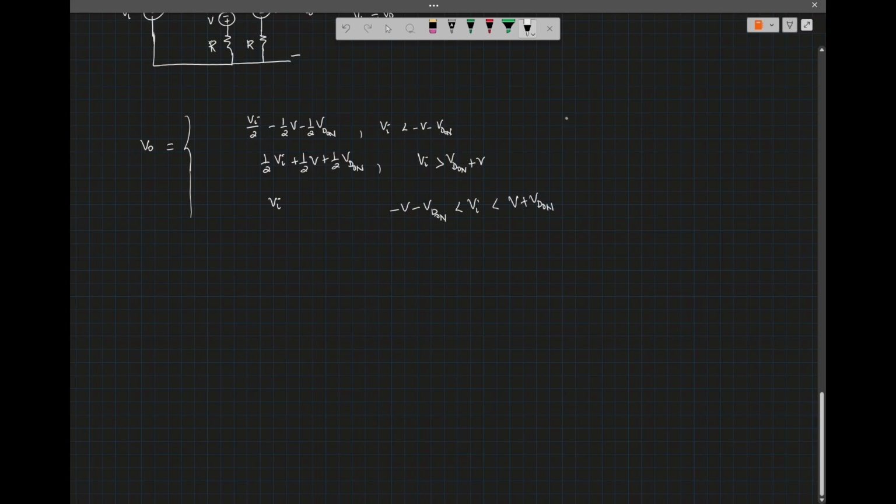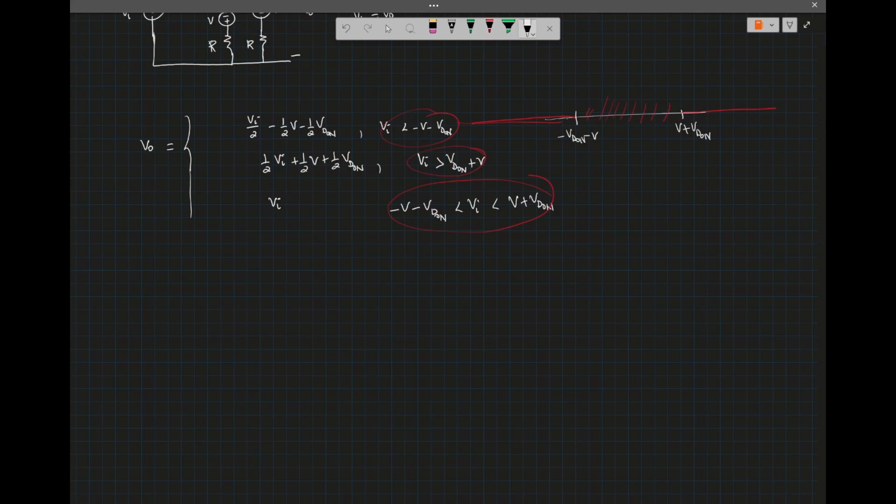If you look at it, we have minus VD on minus V here, and then V plus VD on. So this covers this, this covers this. So what we have left is this.